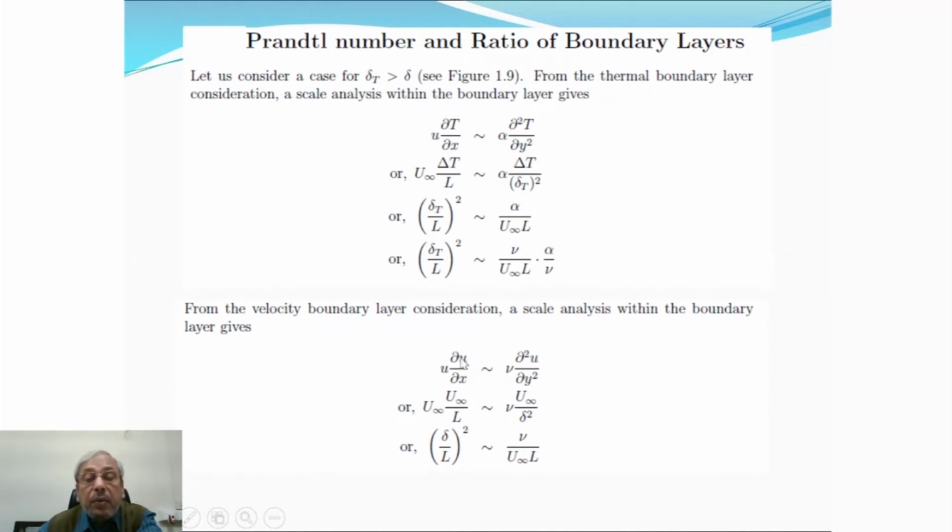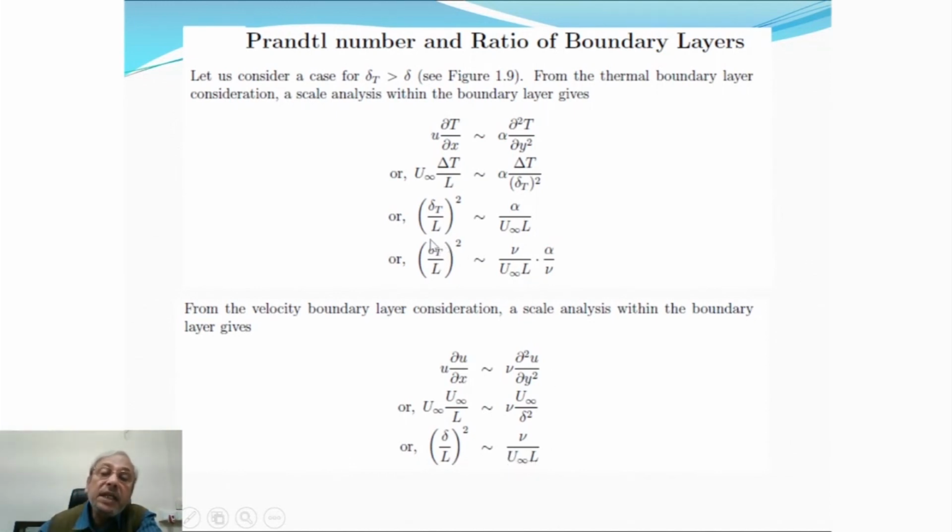Here again we can substitute the highest representative term of U and X. So U infinity into U infinity by L is proportional to nu U infinity by delta square. So from here we can write delta by L square. This delta is the velocity boundary layer thickness. Delta by L square is nu by U infinity into L.